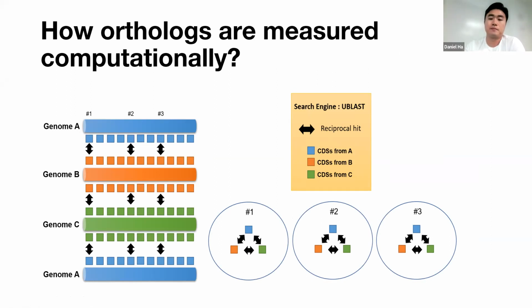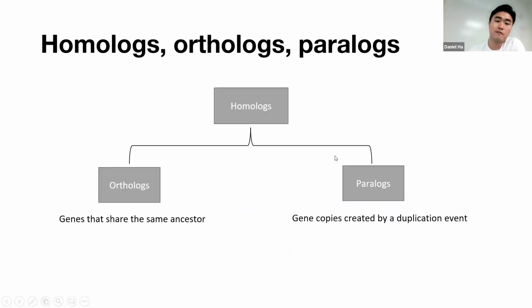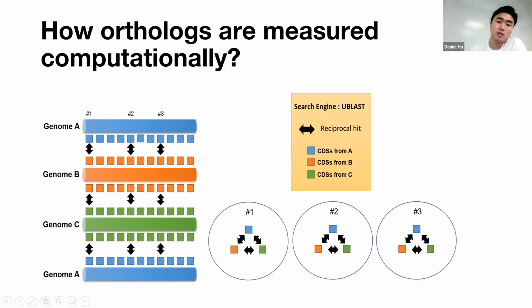Yes, ANI used fragments of the genome, but here we are using only the coding sequences because we are interested in finding the genes that share the same functions. So we do the bidirectional BLAST search against each genome, and for the genes that have a top hit to each other, the black arrows here, we can group them together based on their BLAST results.